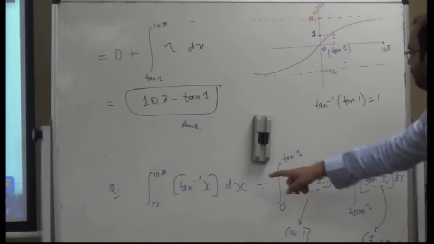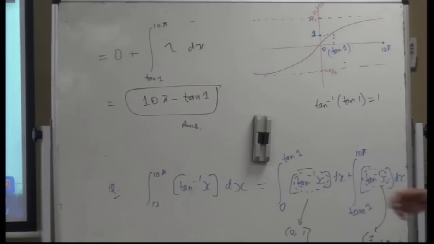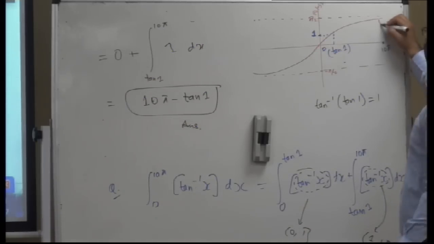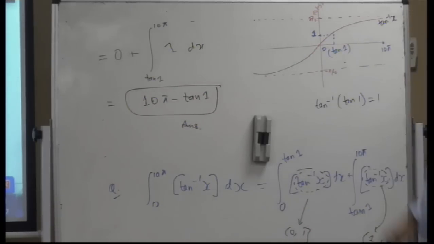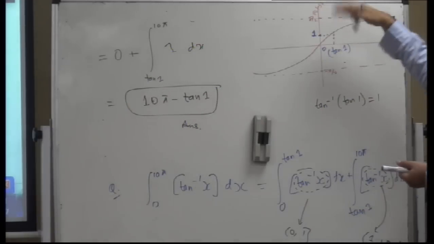Now when we talk about the greatest integer of tan inverse x, first we draw the graph of tan inverse x. The graph of tan inverse x is like this, and this graph has output from minus pi by 2 to pi by 2, not including them.